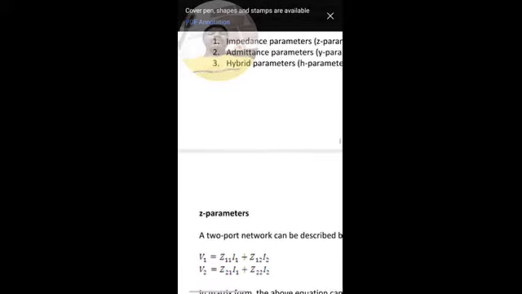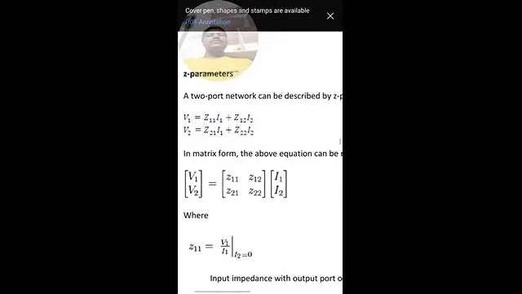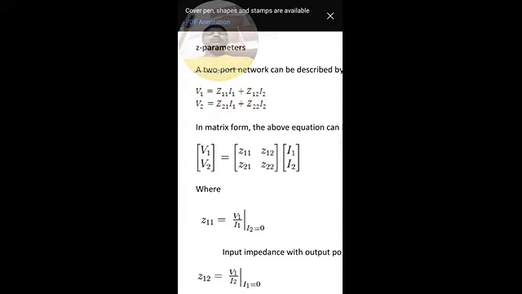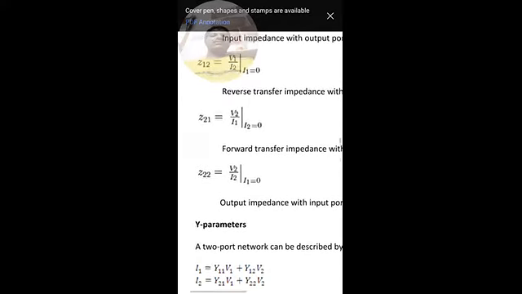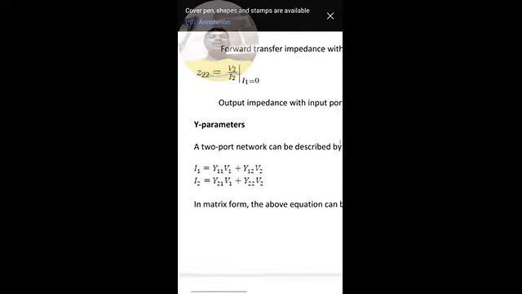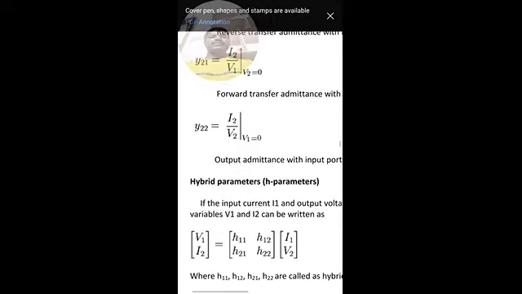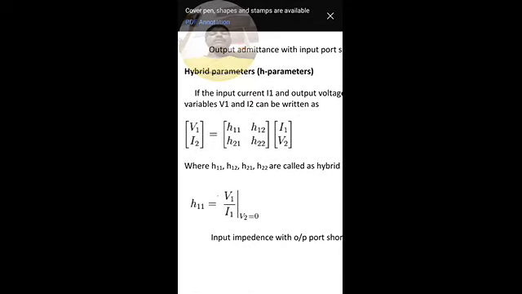For representing this, we have impedance parameters, Z parameters, which give the voltages, Y parameters, admittance parameters, and also hybrid parameters, H parameters.